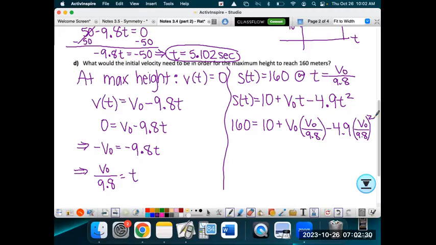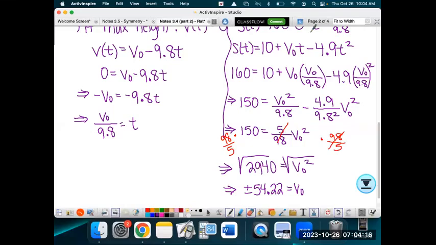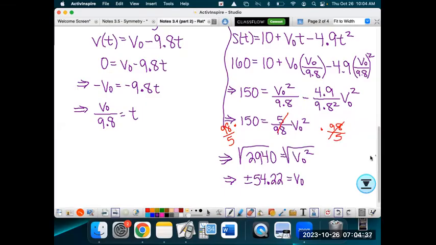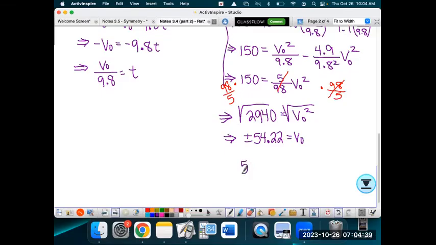And my answer will appear in 3, 2, 1. Okay. So basically we are ending up with positive or negative 54.22 as the initial velocity. Because we know that the item is going up from the slingshot before it comes down, we're going to be using the initial velocity of positive 54.22. And the label would be meters per second.